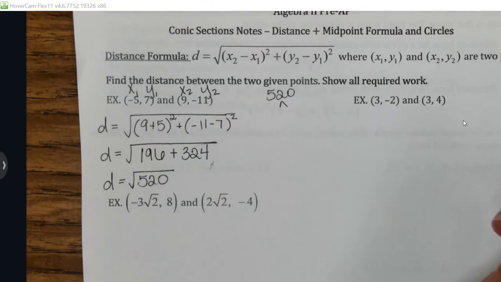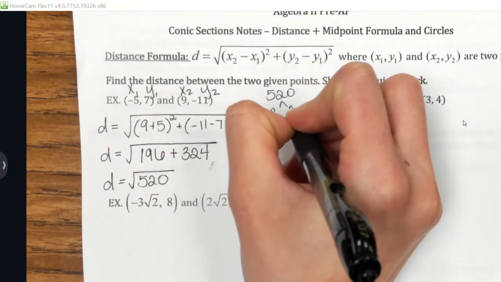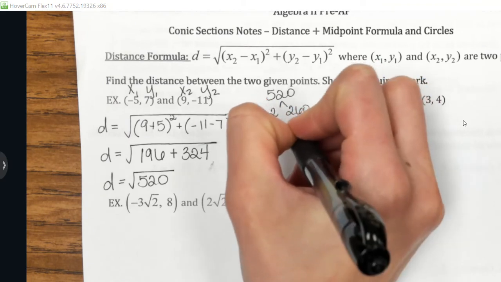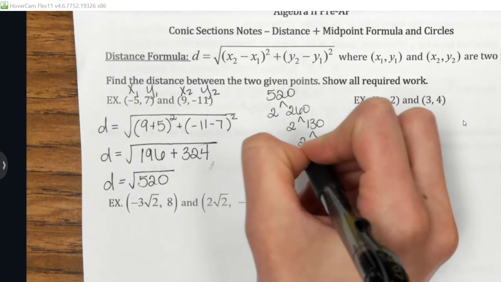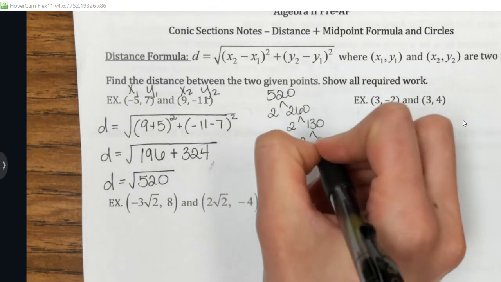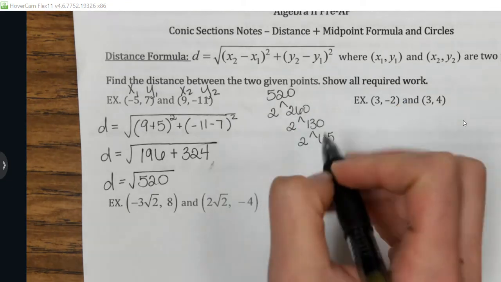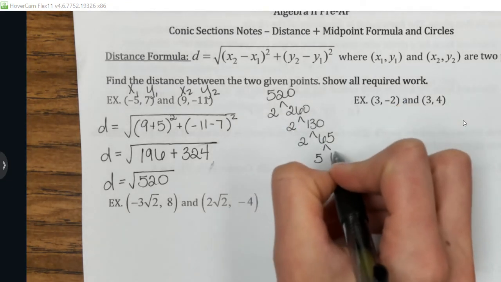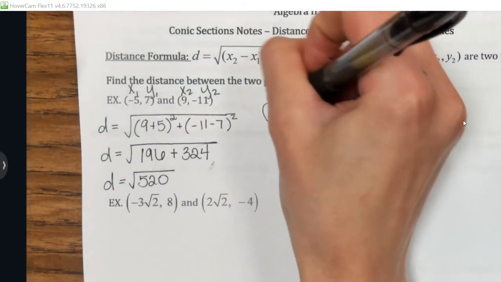520 splits into what? 2 and 260, 2 and 130, 2 and 65 splits into 5 and 13. Okay? I can have a pair of 2's.